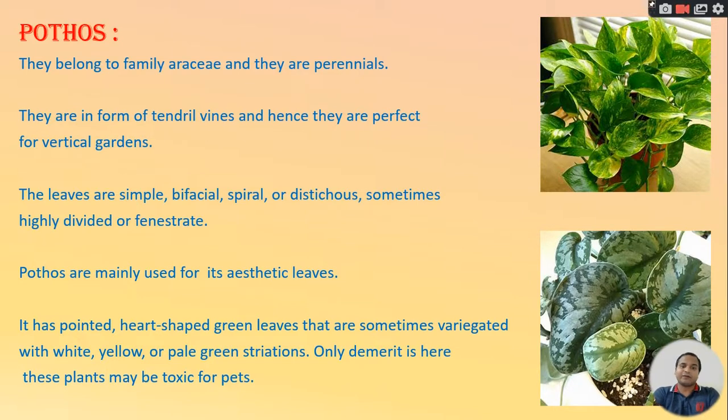Pothos are mainly used for their aesthetic leaves. Leaves have pointed, heart-shaped green leaves that sometimes have white, yellow, or pale green striations. The only demerit of these plants is that they can sometimes be toxic to pets.